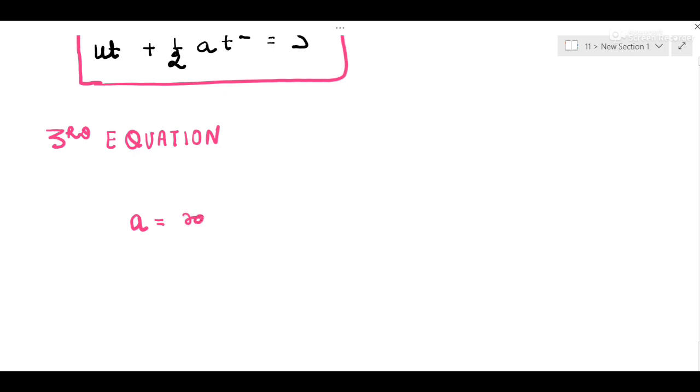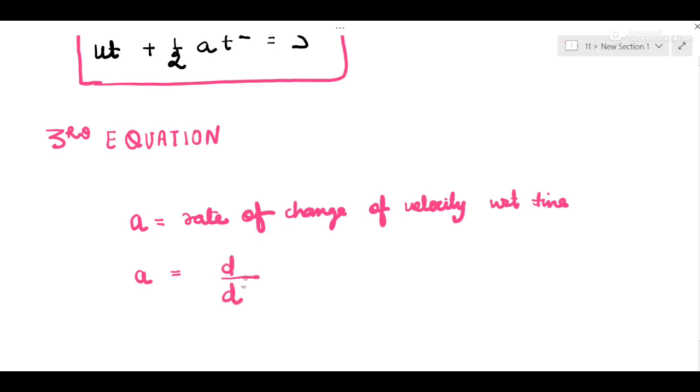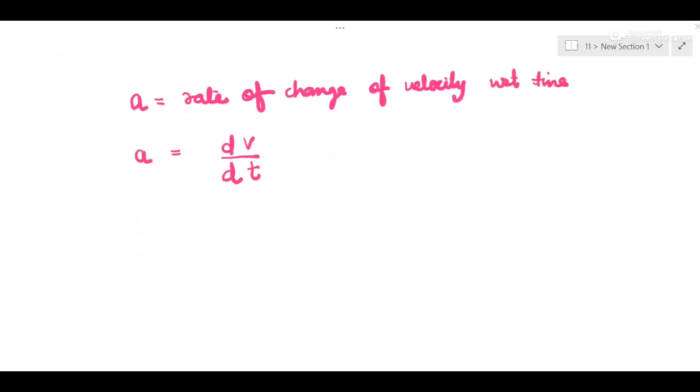So a is the rate of change of velocity with respect to time. In the next step, we would be multiplying and dividing it by ds.